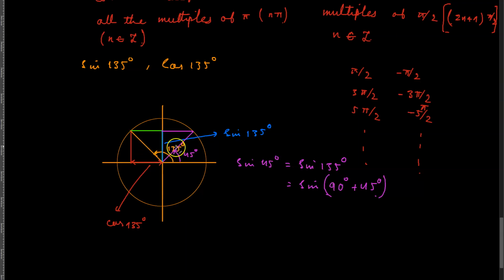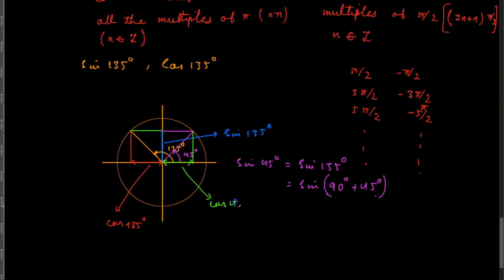One more thing that you can see here is that the cos of 135 degrees, which is this value over here, is exactly the same as the negative of the cos of 45 degrees, because these two distances are exactly the same.